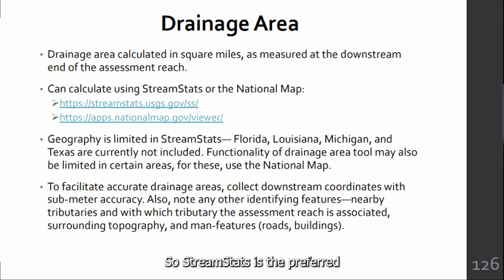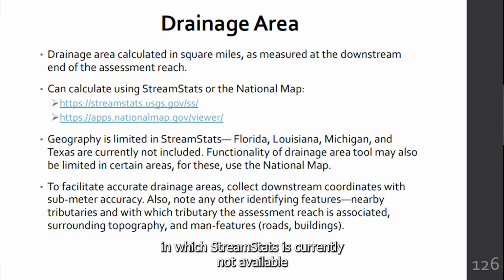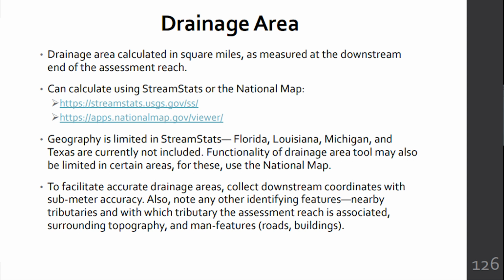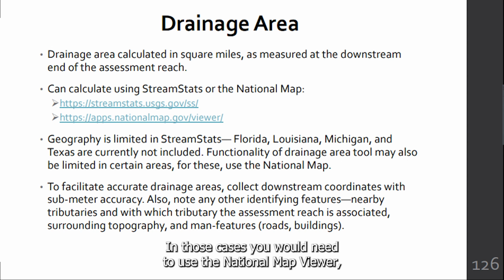StreamStats is the preferred and the simpler web tool to use. As you see here, there are certain states in which StreamStats is currently not available, or functionality of the drainage area tool is limited in certain areas. In those cases, you would need to use the National Map Viewer.